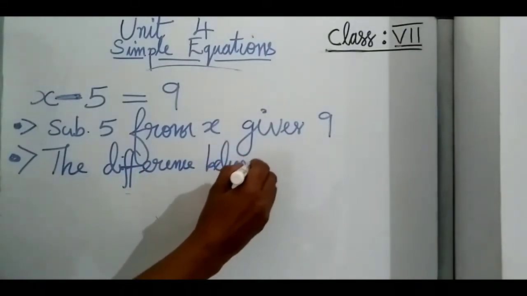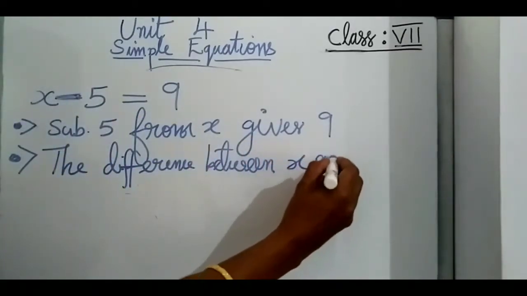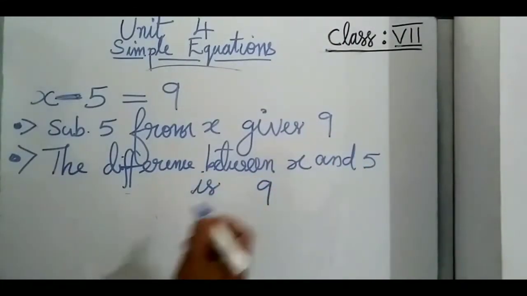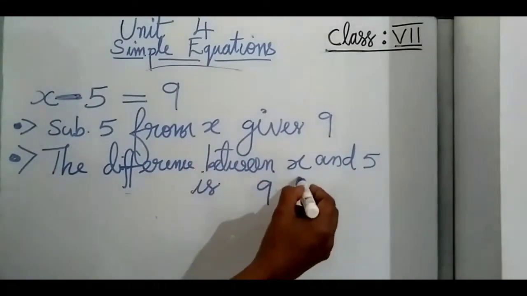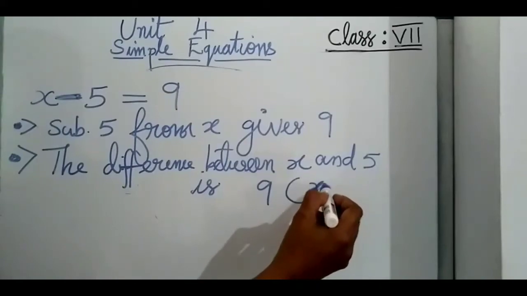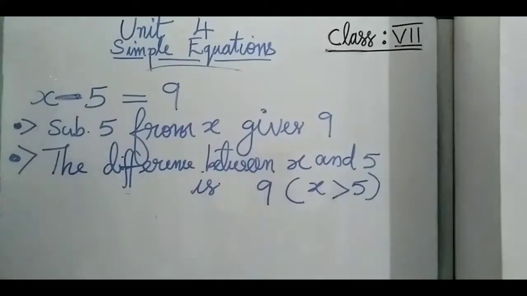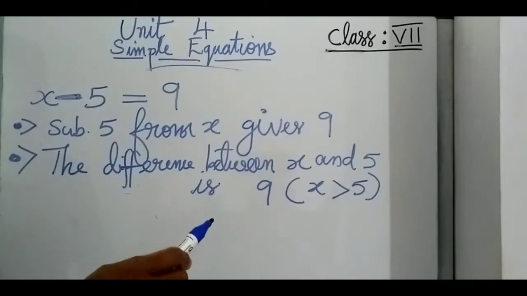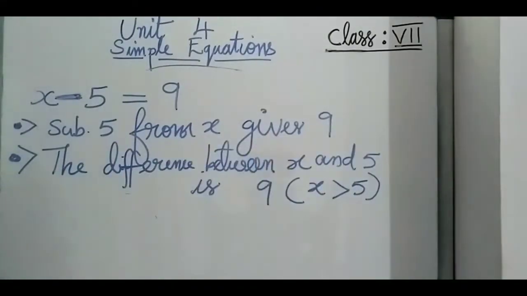The difference between x and 5 is 9. We have to stress one more condition here: x is greater than 5. Then only we can write x minus 5. Otherwise we can write 5 minus x also. So in this case we have to write x greater than 5.